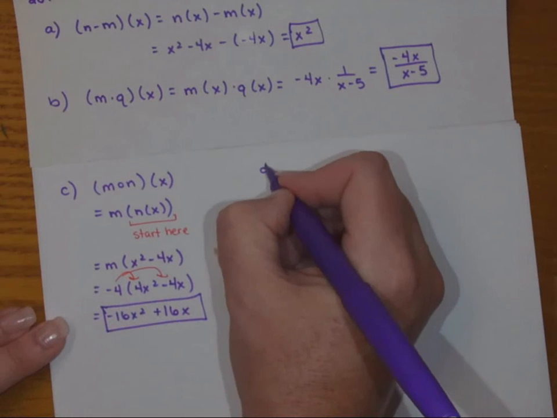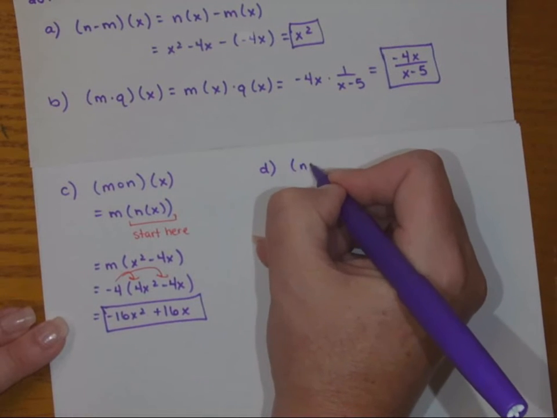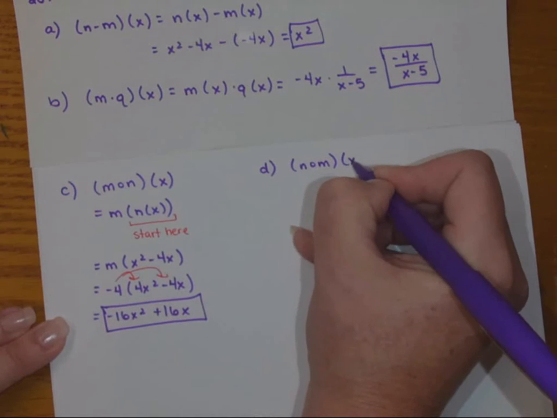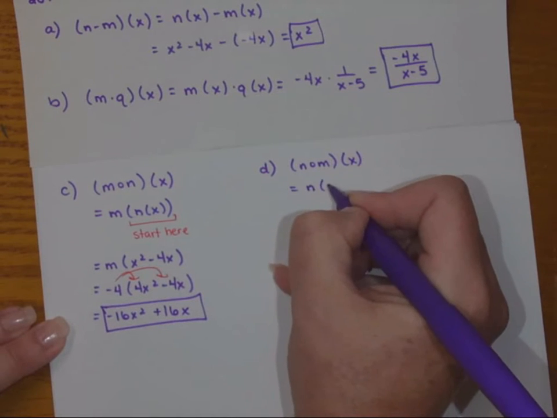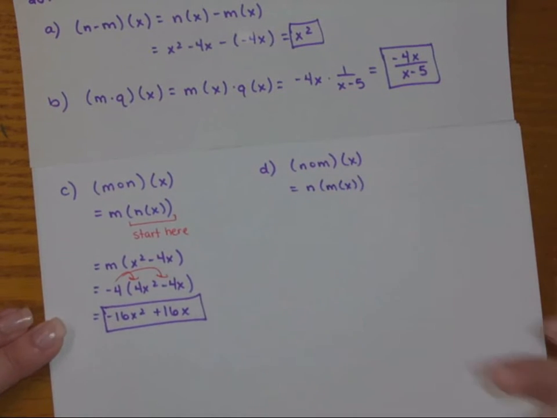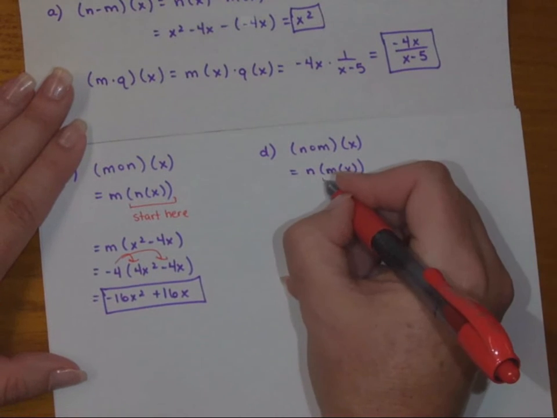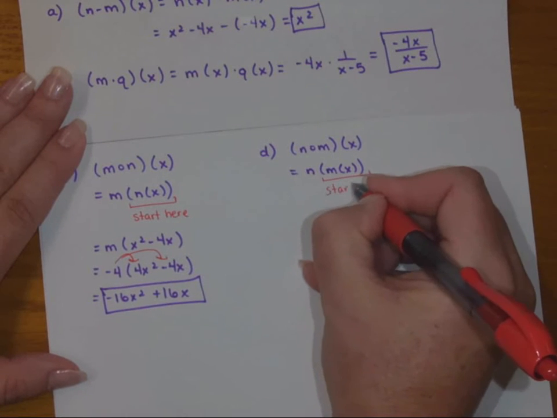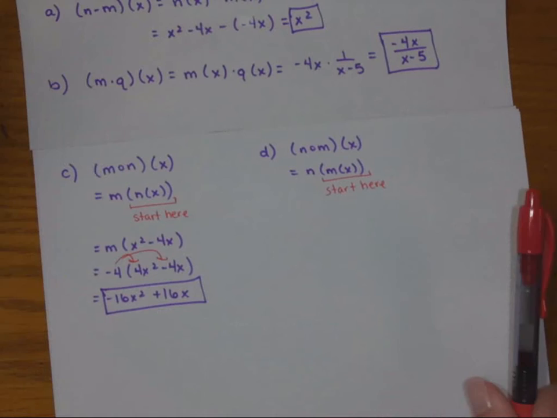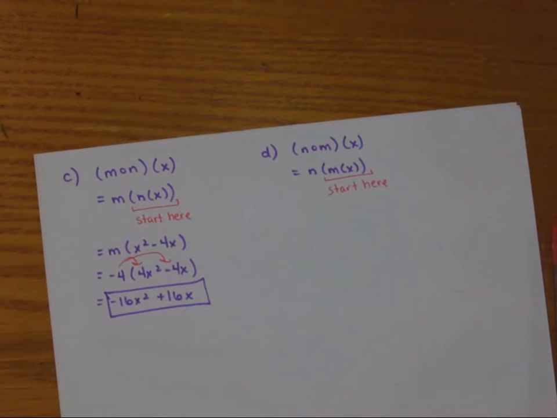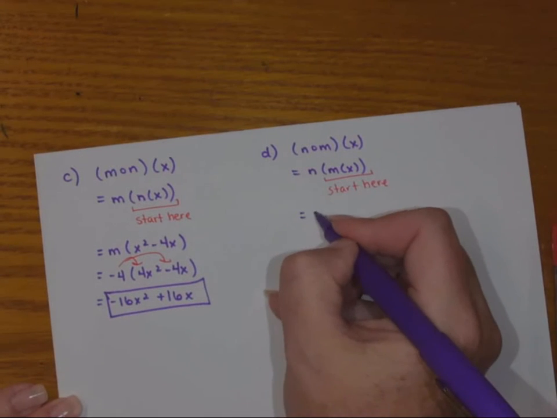Okay, so let's contrast that to n of m of x. This is actually the more challenging direction to go. So we're going to start here. In other words, we're going to replace m of x with what we were given that it was, right?